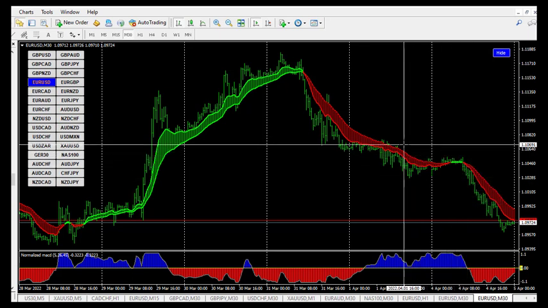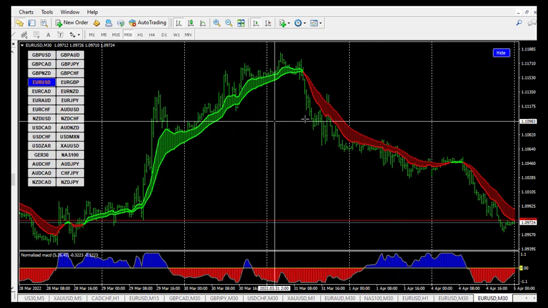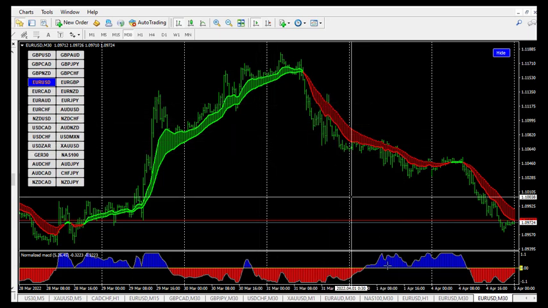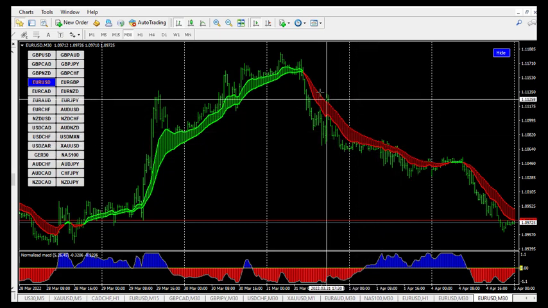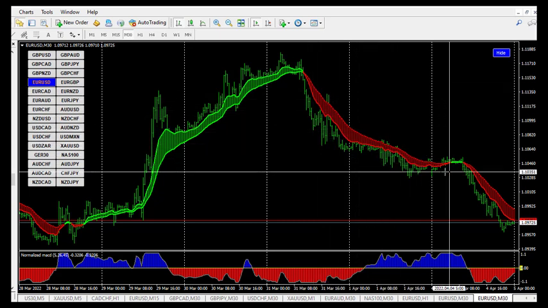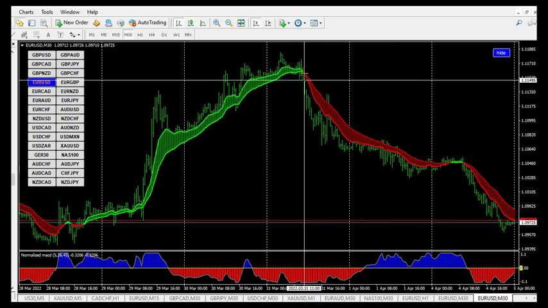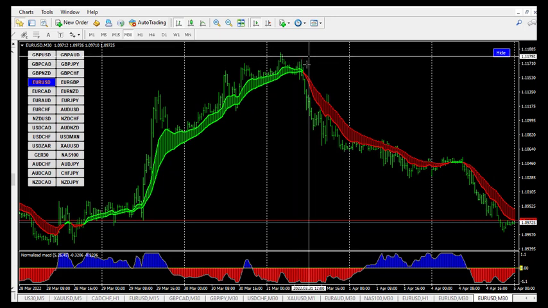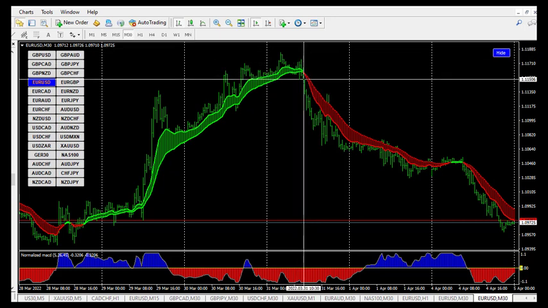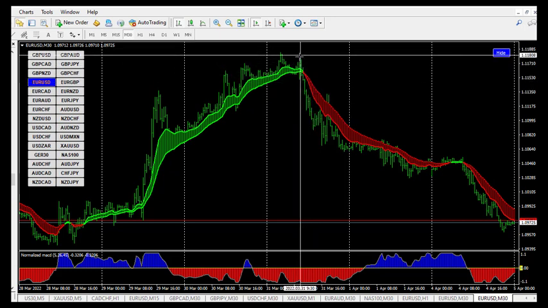Then how do you actually trade this particular strategy? Number one, you must make sure that these two indicators are in agreement, and once you place your trade, make sure you set your stop loss. For instance, your stop loss at this point is going to be the previous high before this signal was generated, a few pips above it.